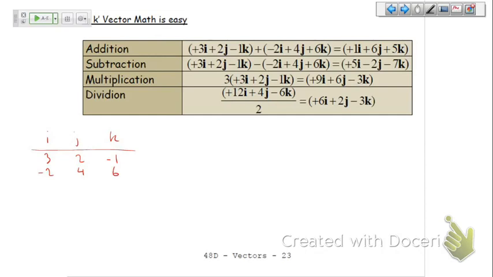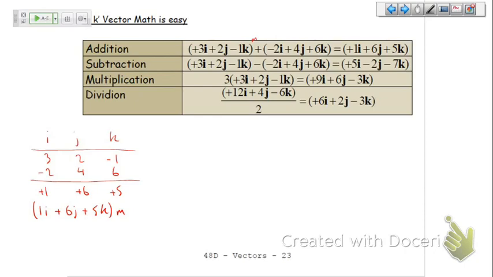And then I want to find out the value of it, so I simply say, 3 added to minus 2 is plus 1, and 2 plus 4 is going to be plus 6, and this is going to be plus 5. So I would say this is 1i plus 6j plus 5k. And again, I'm not using units. I don't like not using units. So if these are meters, this would be meters.